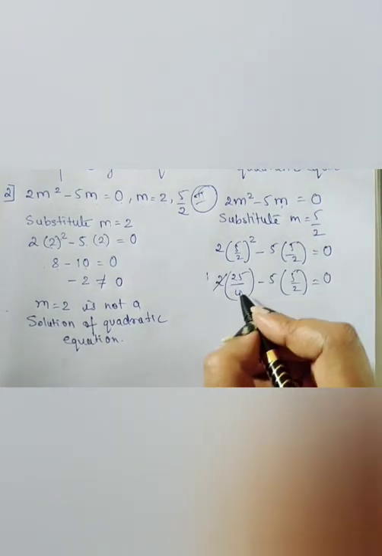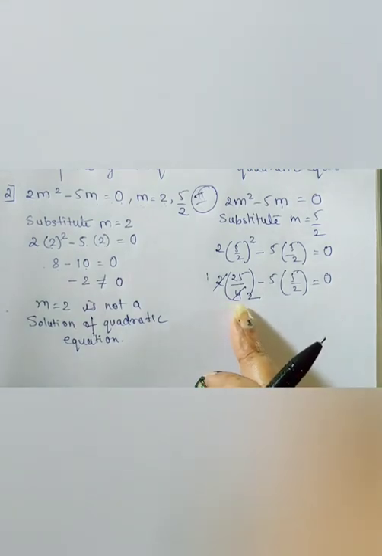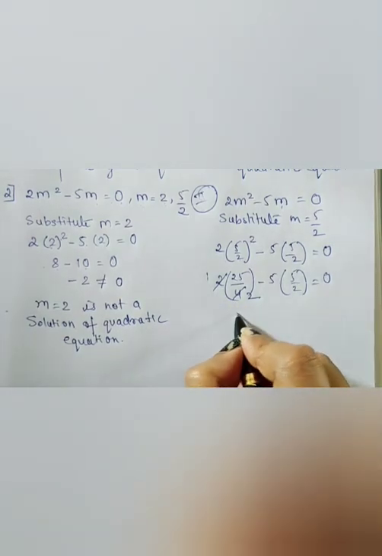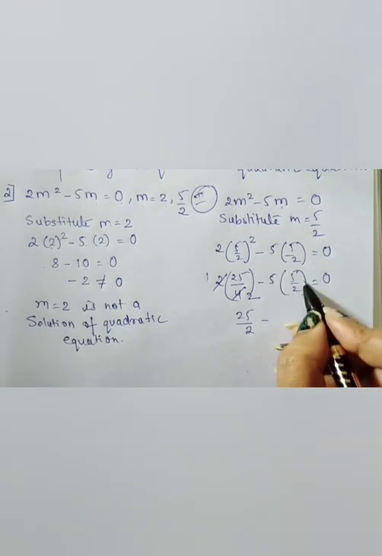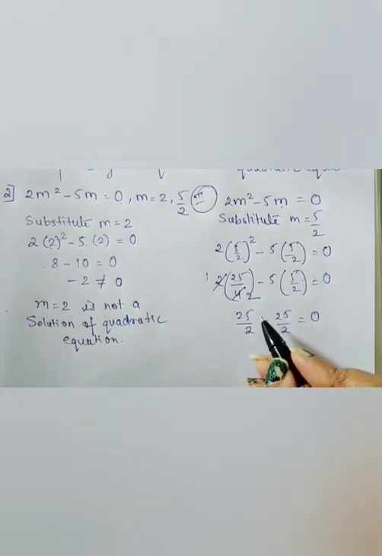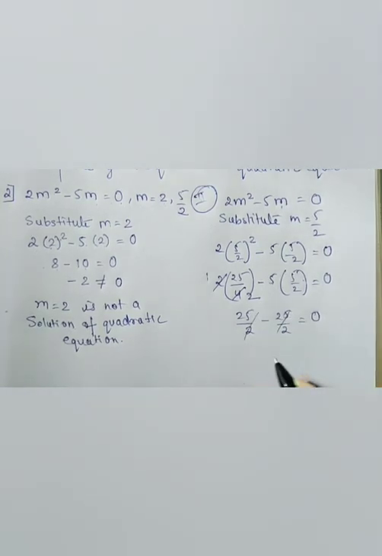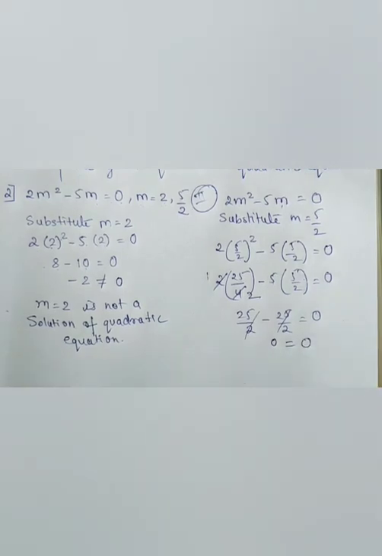Now here you can see 2 1s are 2, 2 2s are 4. We'll get 25 upon 2 minus 5 5s are 25 upon 2 equal to 0. Again it is going to be 0. So 0 is equal to 0.